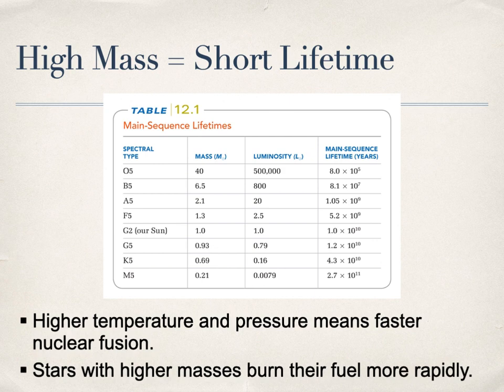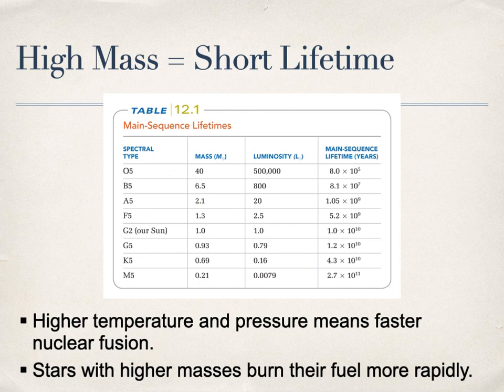And it's showing you here the different masses. Up at the top are the really high mass stars, like mass of 40 solar masses. At the bottom, we've got stars that are very, very small, like 0.21 solar masses. That's tiny. And then we can look across there, not only at how bright they are, their luminosity.